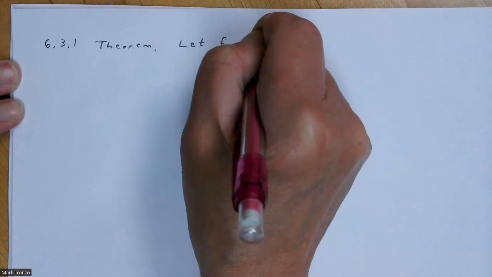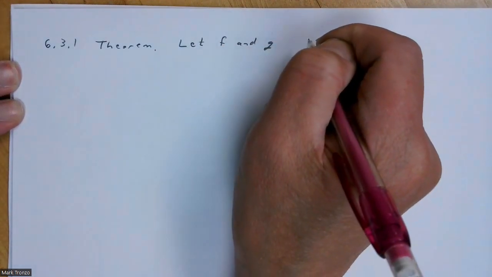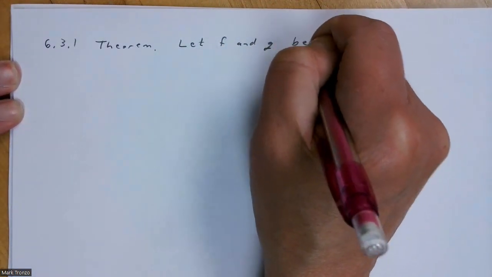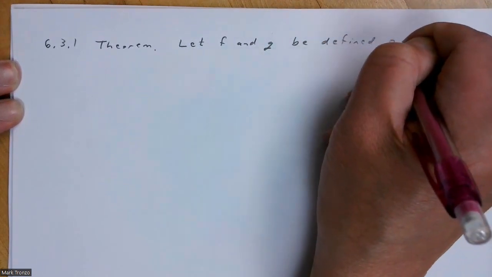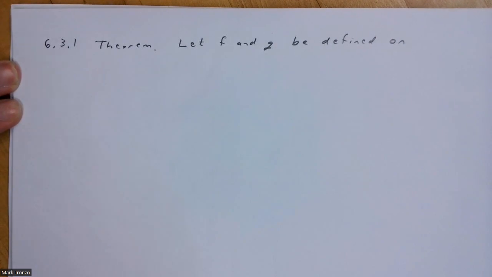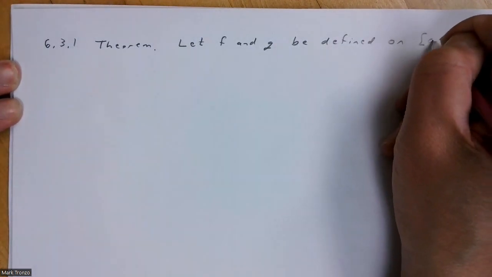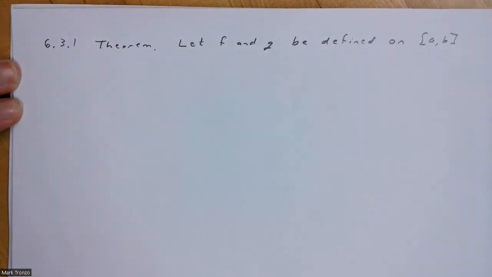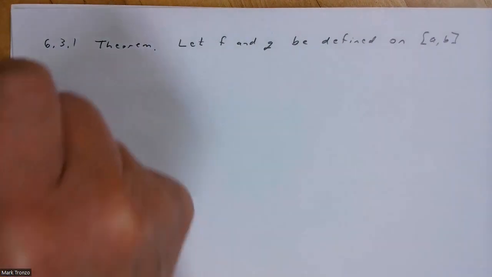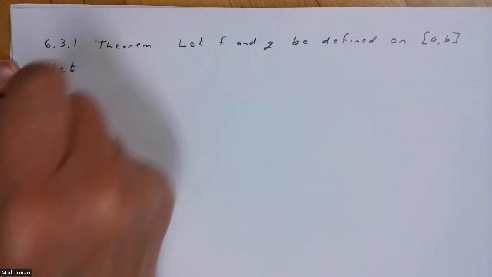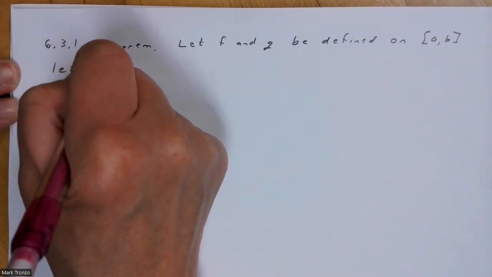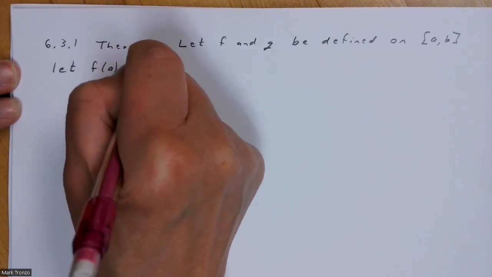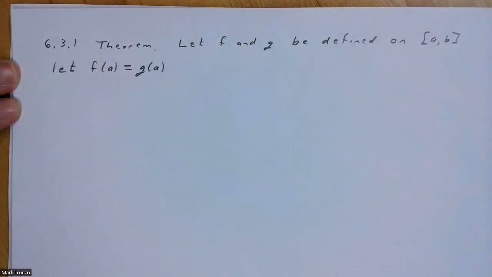Let f and g be defined on (a, b), and let f of a equals g of a equals 0.